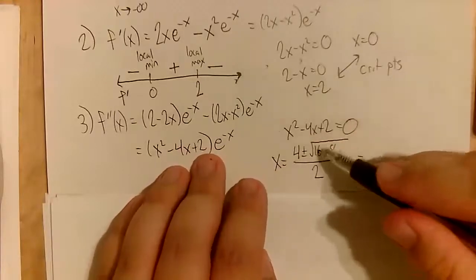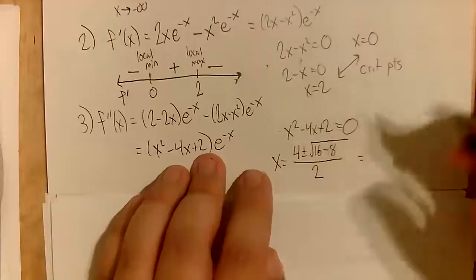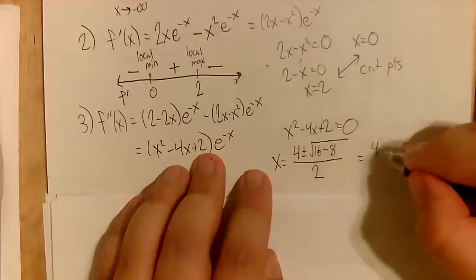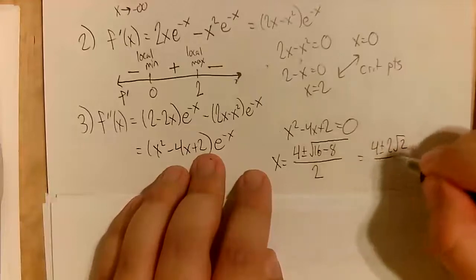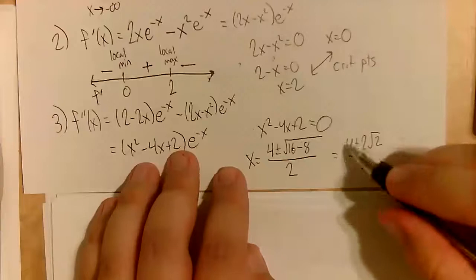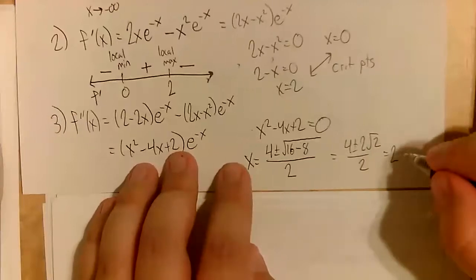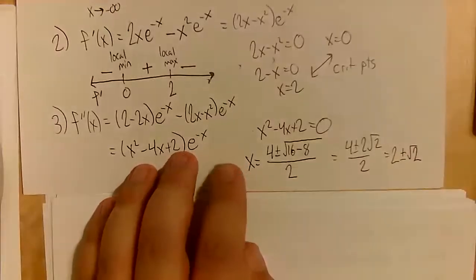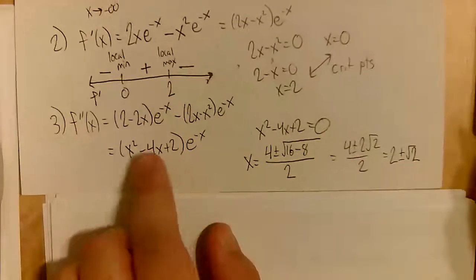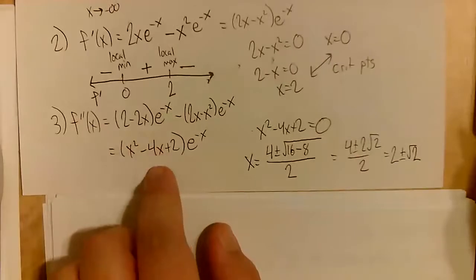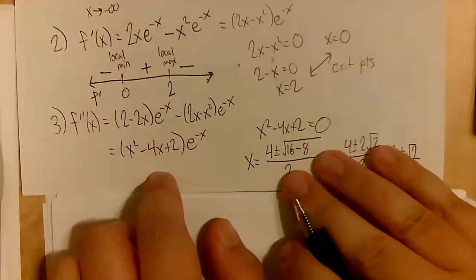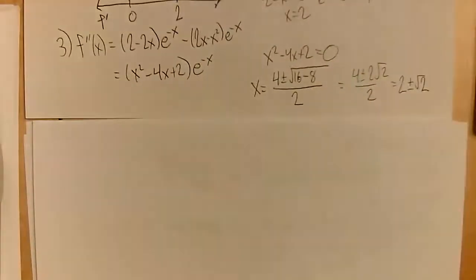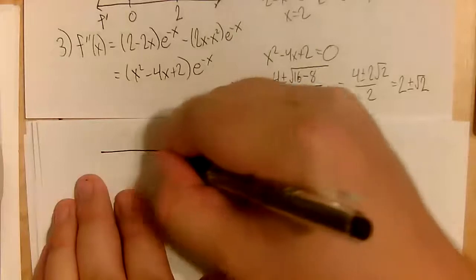All right, let's see. 16 minus 8 is 8. And then the square root of 8 is actually 2 root 2. So this is 4 plus or minus 2 root 2. And then both of these are divisible by 2. So we end up with 2 plus or minus root 2. And these make this function be 0 right here. All right, so let's go ahead and take a look at this on our number line.